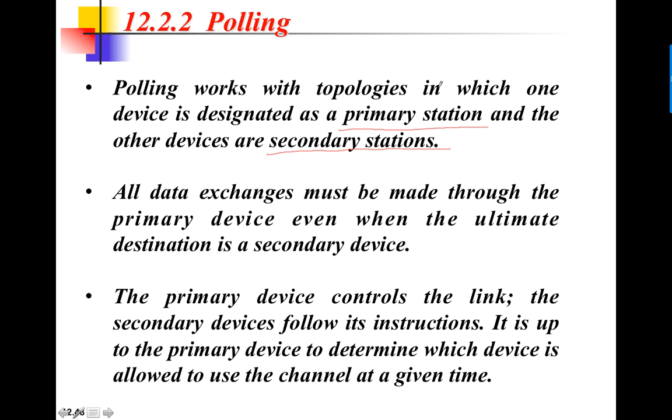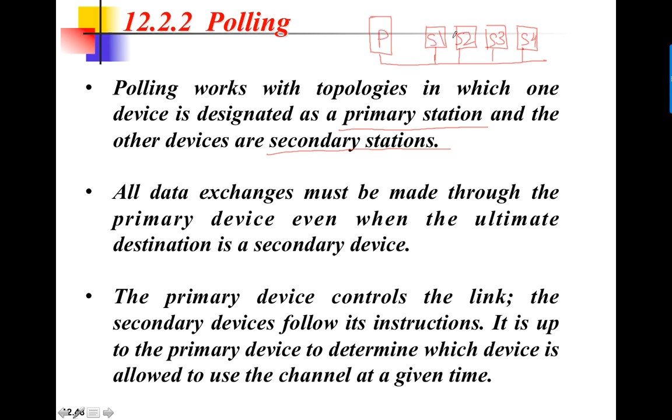Okay, and we said in this case, if this is the primary device and we have a set of secondary devices on the network, these are all the secondary devices, S1, S2, S3, and S4, and this is the primary device.